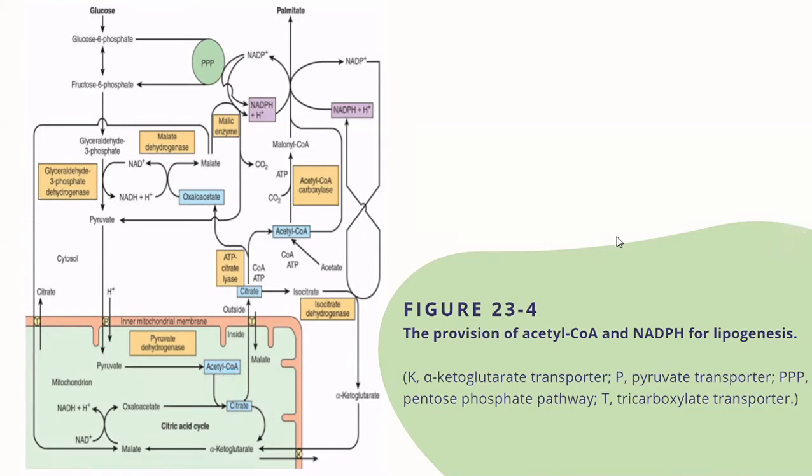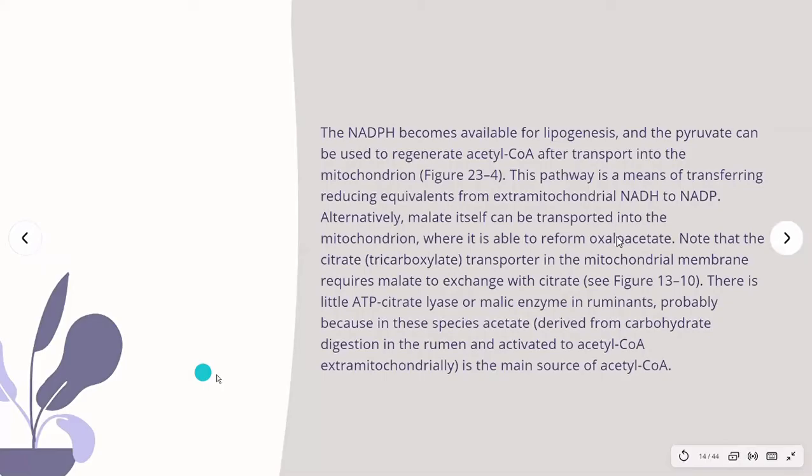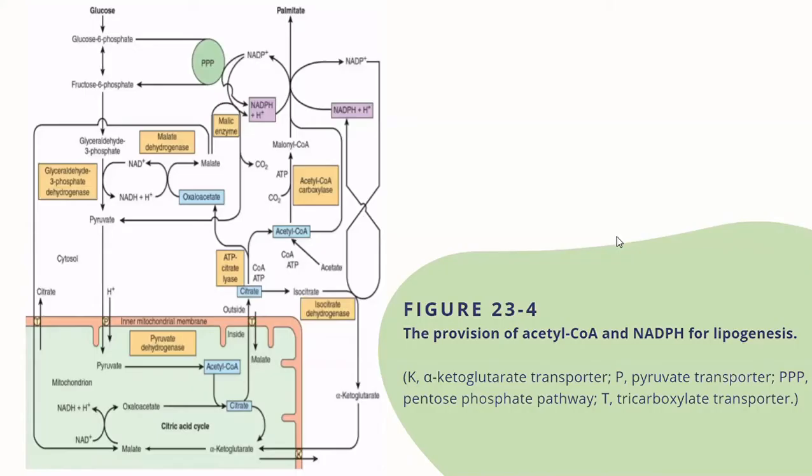But your formation of fatty acid, the palmitate there, is located outside of the mitochondrion. Cytoplasmic. Okay? So how can this acetyl-CoA go out? How can this acetyl-CoA go out?